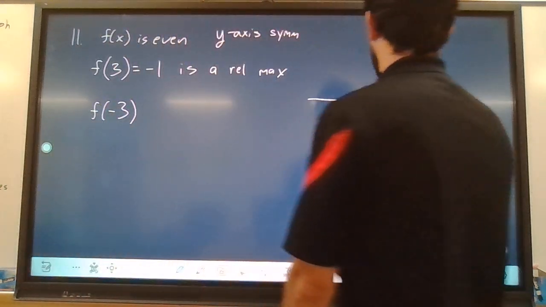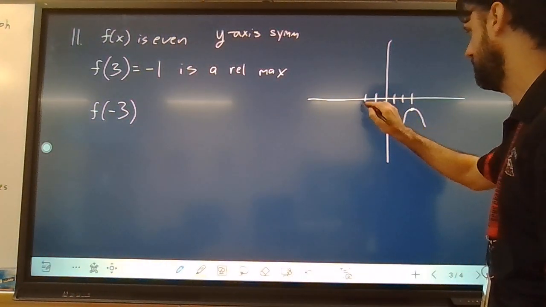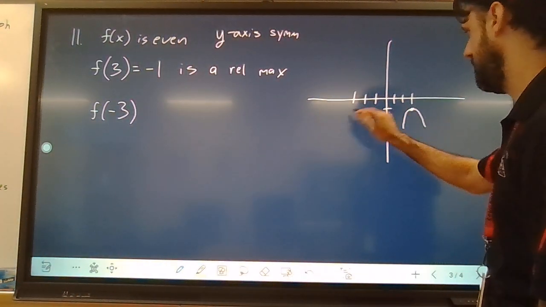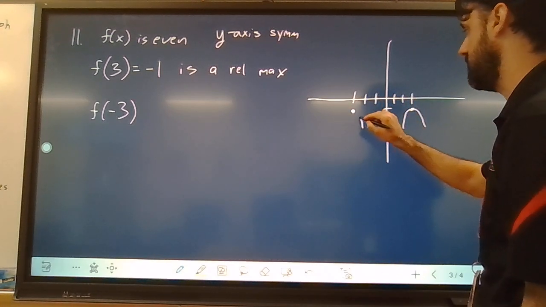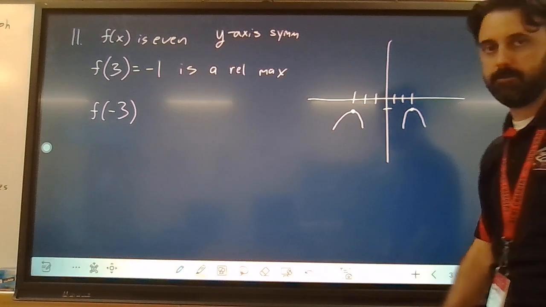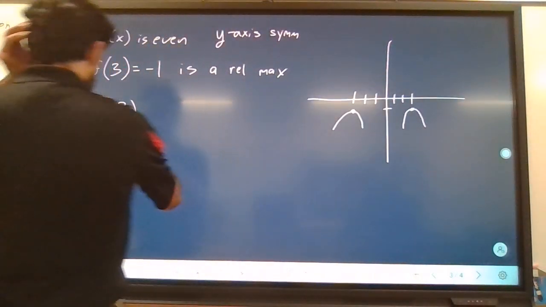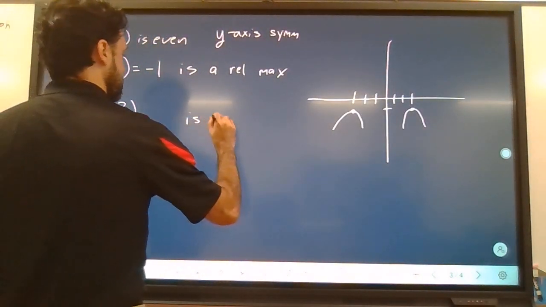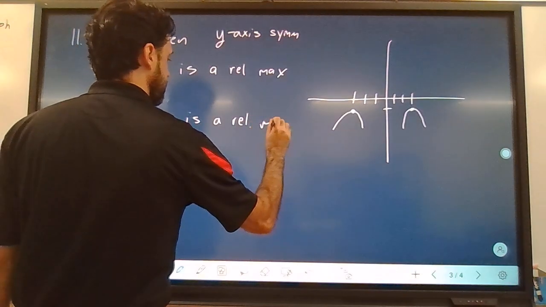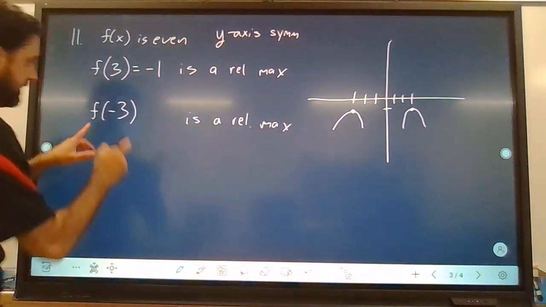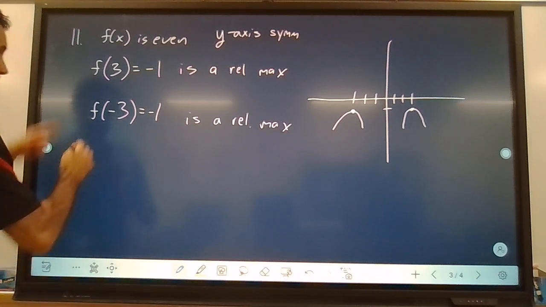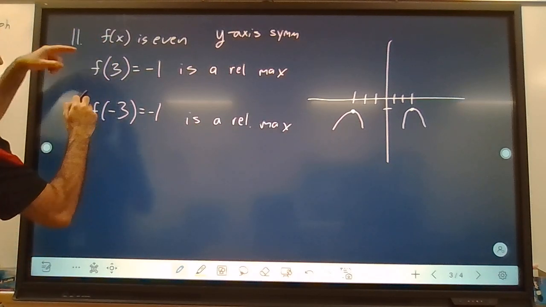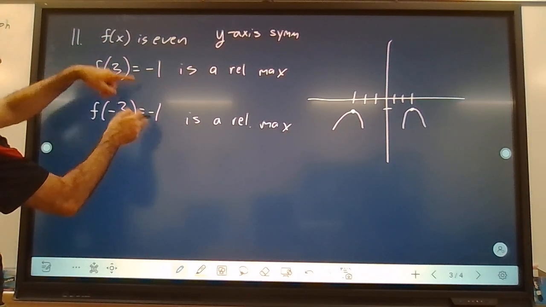So let's reflect that point. If we reflect it, it would be right here, and the rest of the graph would go with it. So this is also a relative max, and its y-coordinate would be the same. For an even function, the x-coordinate changes signs, the y-coordinate does not.